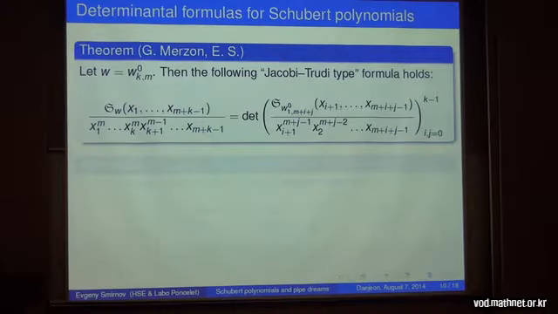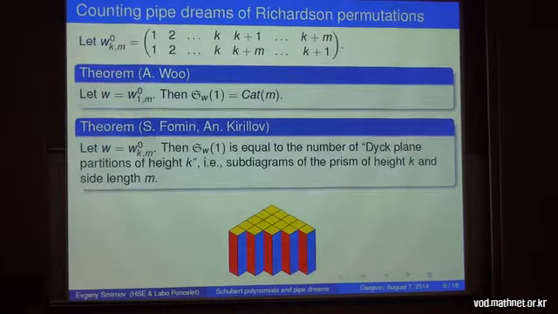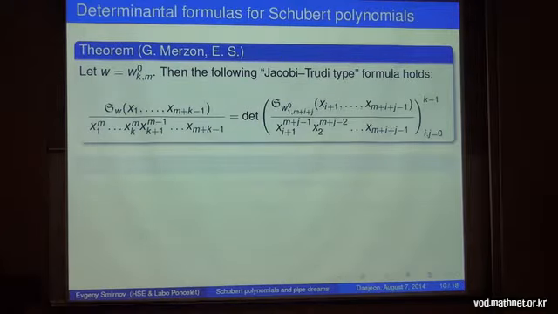And here's our big and scary formula for the Schubert polynomial of such a permutation. It resembles slightly the Jacobi-Trudi formula, but there are some denominators with some ugly powers, and I don't want you to look at this now.